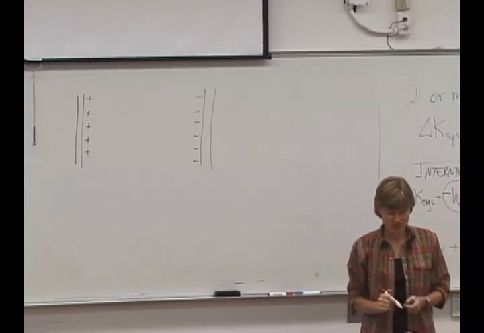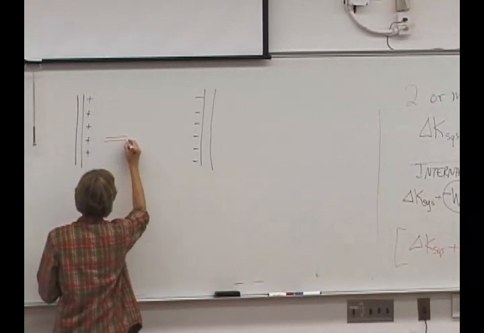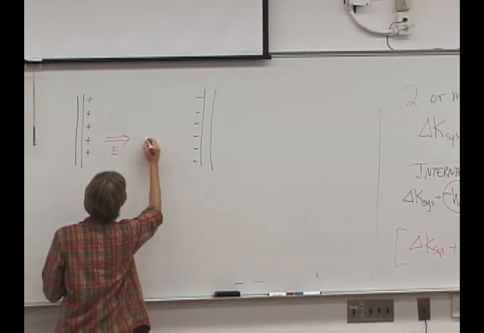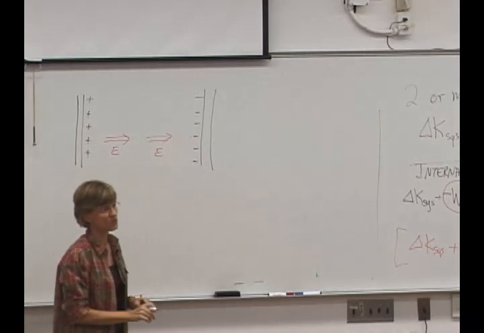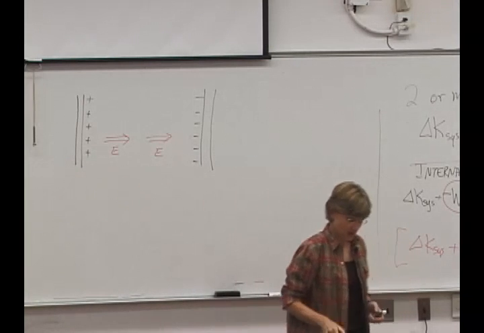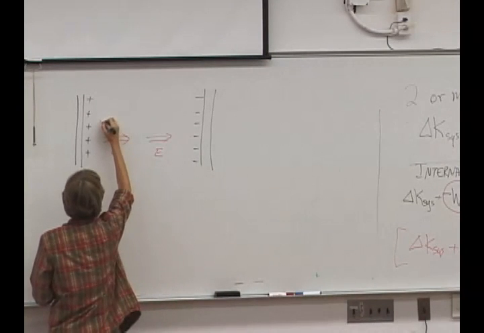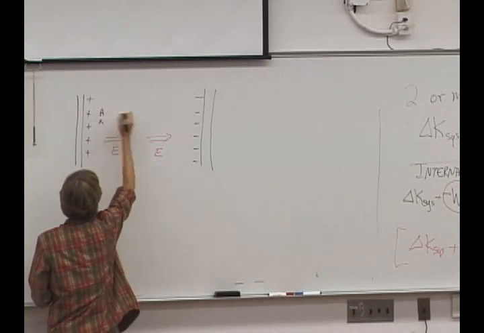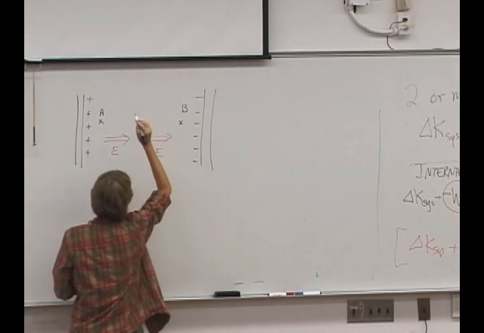And so it doesn't change with location, and that actually makes the math really easy. So that's very convenient. So we have this electric field in here that's uniform due to these charged plates. And we're going to need an initial and a final situation. So we'll call this location A, and we'll call that location B.